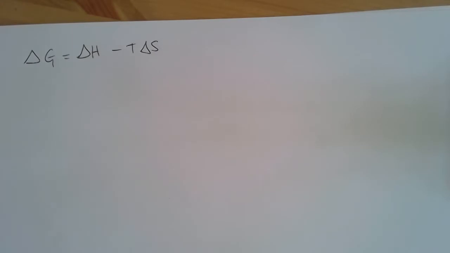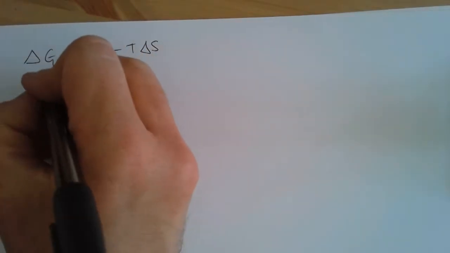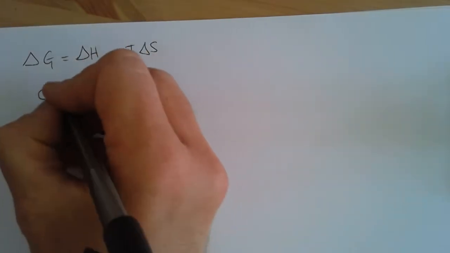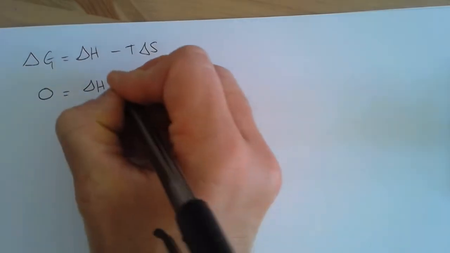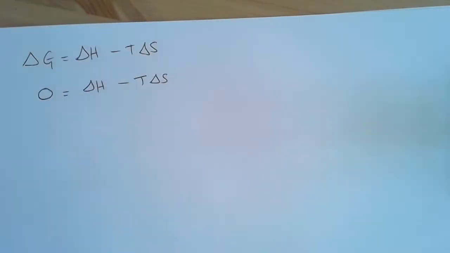Now, for a reaction to be just feasible, delta G is going to have to be equal to 0. So we can write this equation as 0 equals delta H minus T delta S. Now, we want to calculate the temperature at which it becomes feasible, so we want to make temperature the subject of that equation.